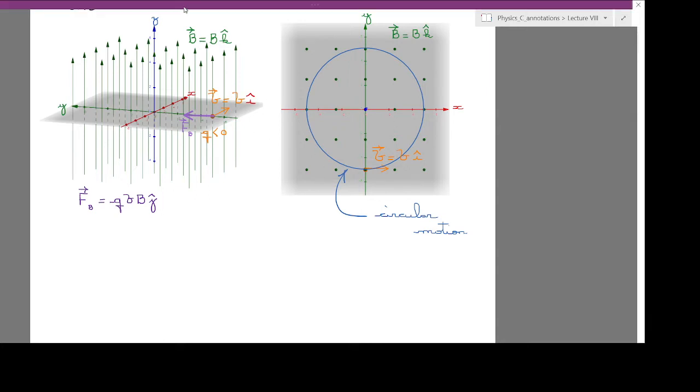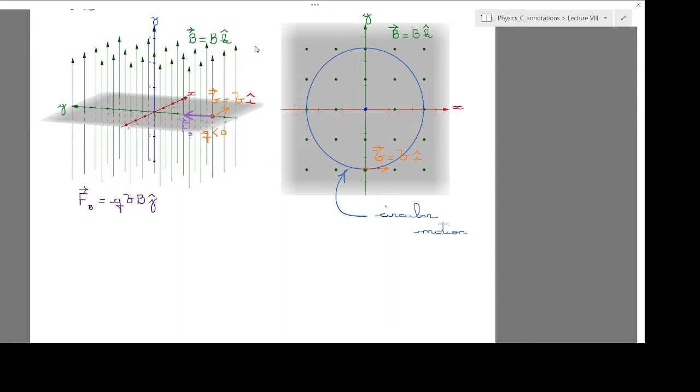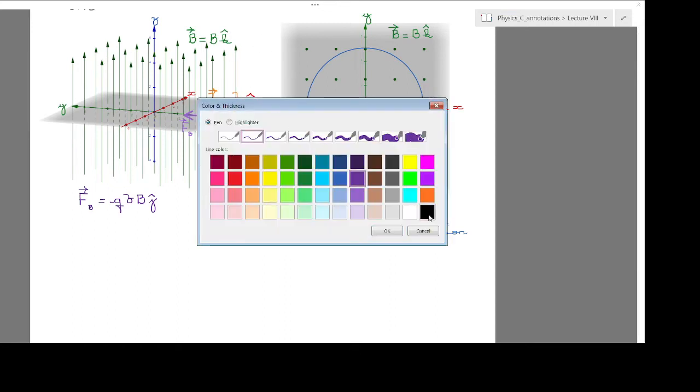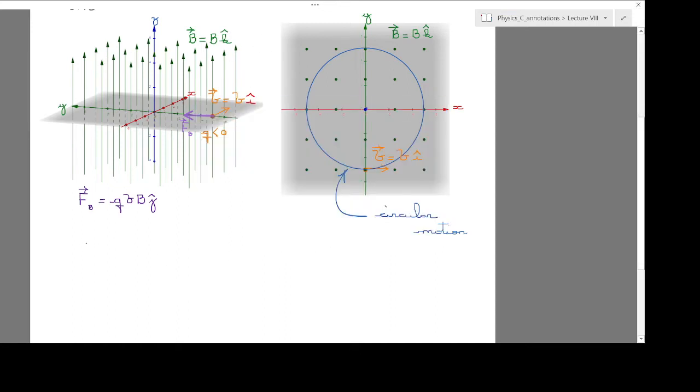So that means that we can equate this. They should be balancing each other. So we have the centripetal force equal to the magnetic force generated in the particle.